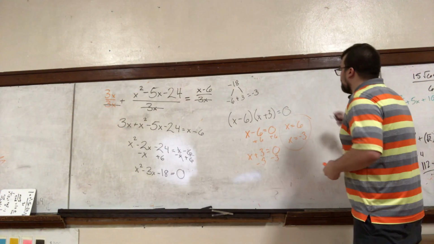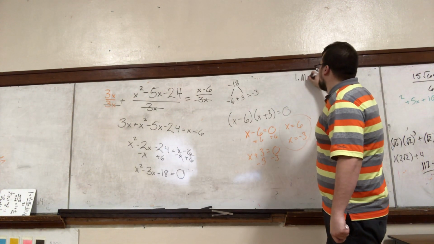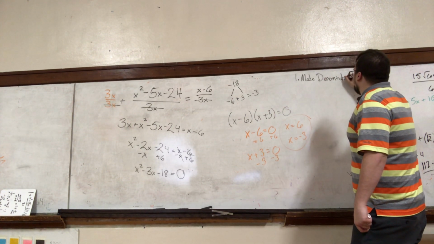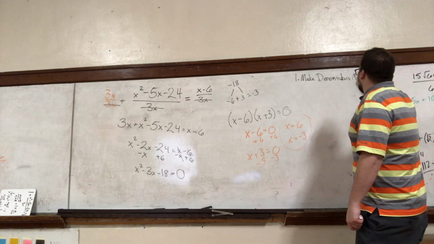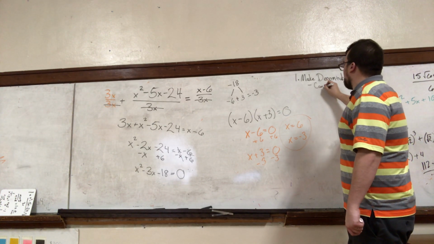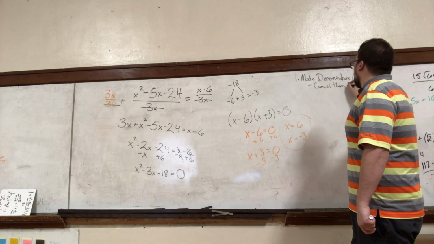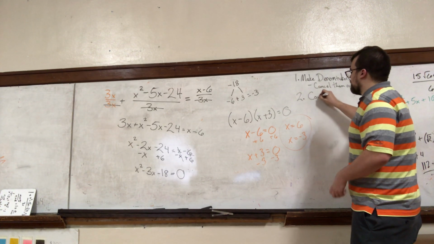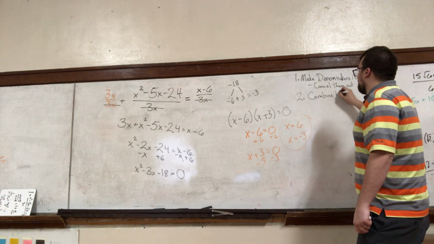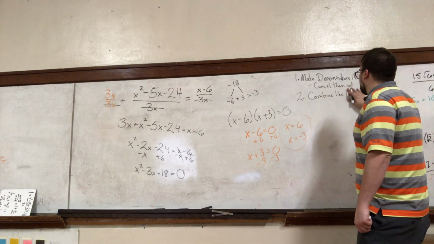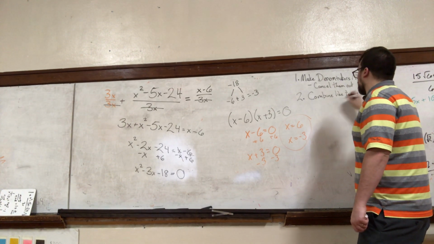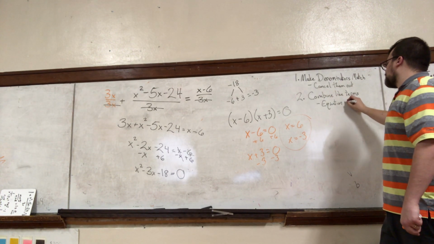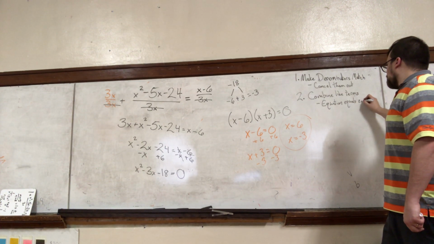So our first step is make the denominators match, and then cancel them out. Step 2 is combine like terms, and we're combining like terms to the point where the equation equals 0.